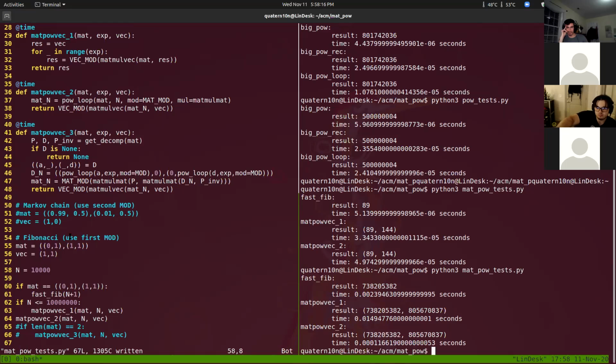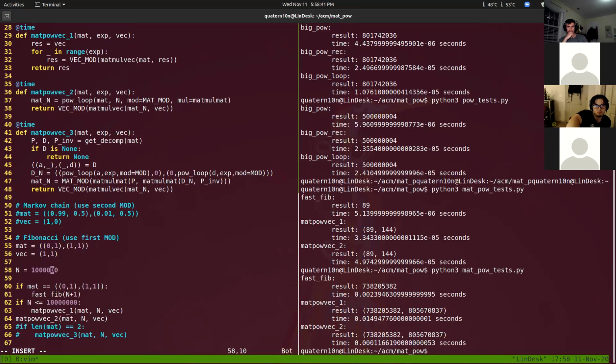But the third one is doing the fast power, and it's actually faster than the naive Fibonacci implementation because it actually runs in log n time, not in n time, like the fast Fibonacci function. So using this matrix exponentiation trick, you can actually get faster than typical Fibonacci implementations.